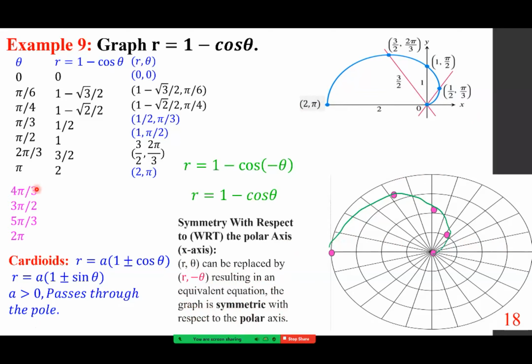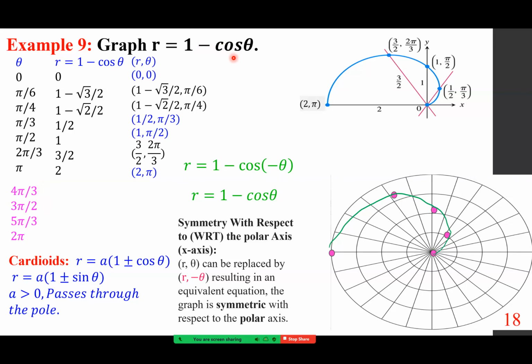And if I were to pick more points, for example, 4 pi over 3, cosine of 4 pi over 3 is the same as cosine of pi over 3, but negative, so negative 1/2.